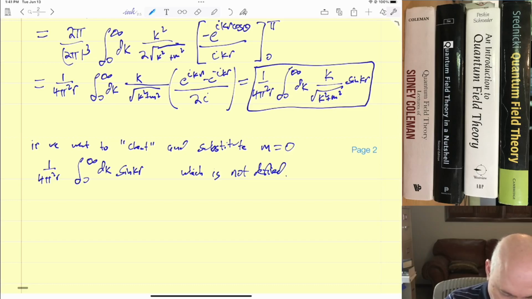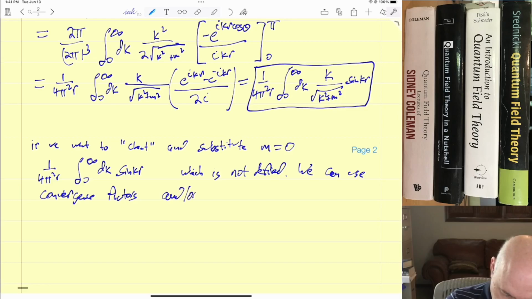What we can do is use convergence factors, and or heuristics. After all, we are theoretical physicists.